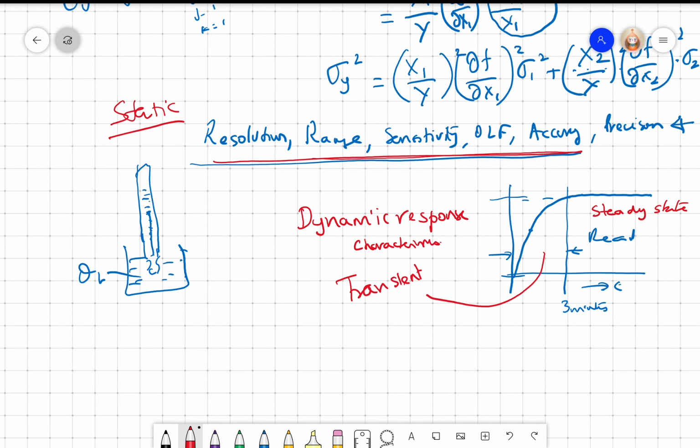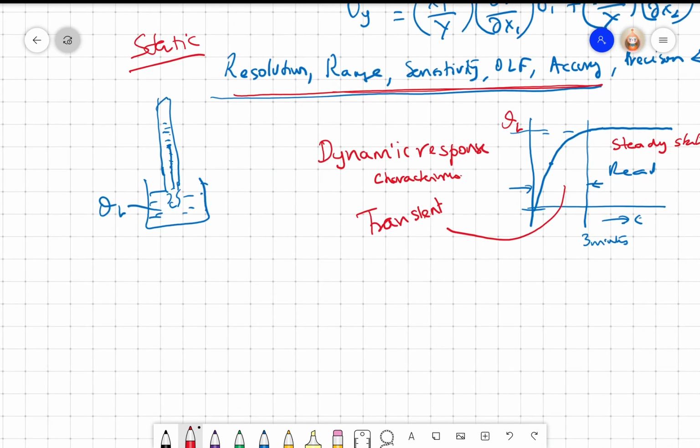Please remember here the temperature is not changing. Temperature is constant, so this is theta L. But we still have a problem in the transient period, and only in the steady state period we can measure. There is another type.